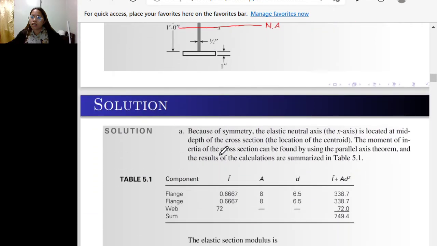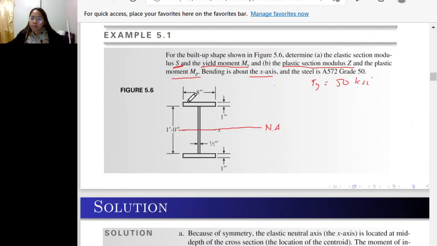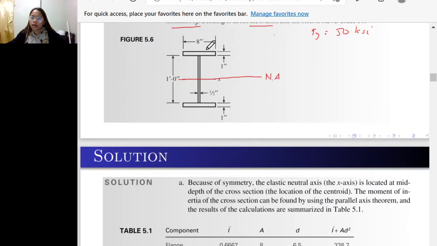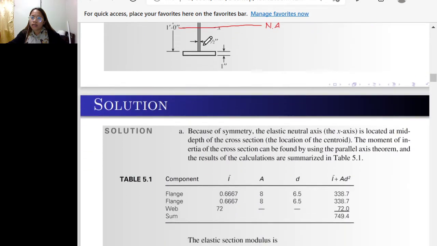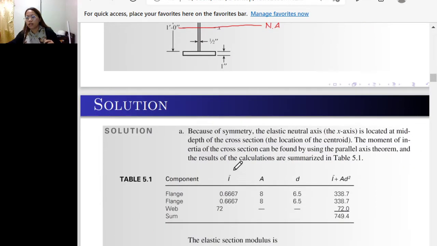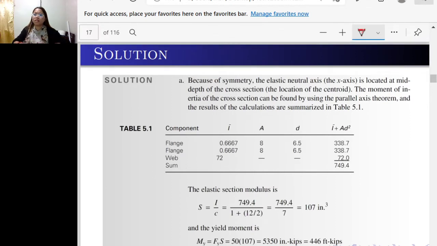This is a built up section, made through different sizes of plates, and you have two flanges of sizes 8 inches and 1 inch. So to get the individual moment of inertia for the flange, this is equal to 8 inches times 1 inch cubed over 12.